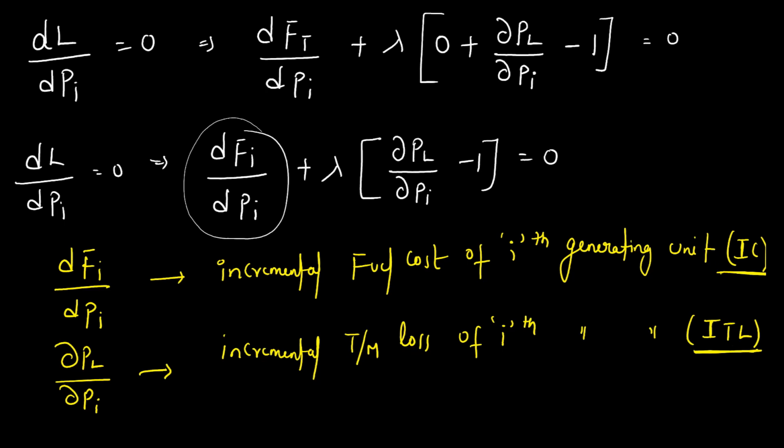So here if we make this 0, what are you going to get? 0 is equal to incremental fuel cost of the ith unit minus lambda into 1 minus incremental transmission loss of the ith unit.